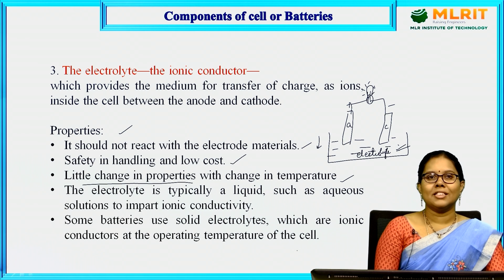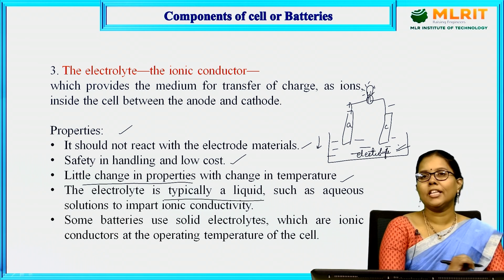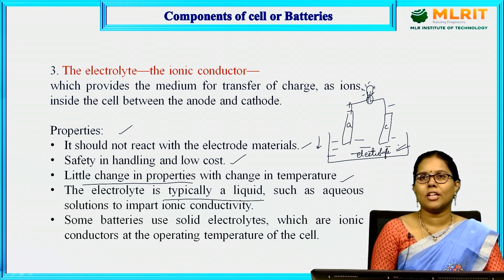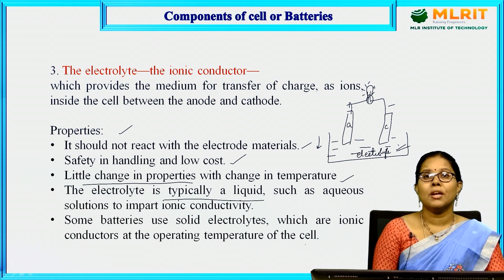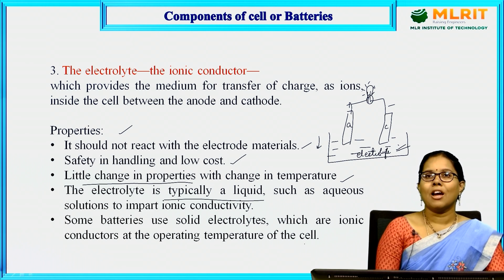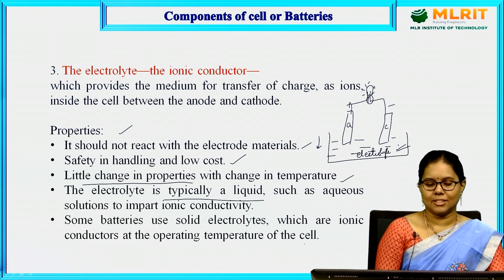The electrolyte is typically a liquid. Generally we choose an electrolyte as an aqueous solution: a salt solution, an acid solution, or an alkaline solution. Why are we choosing these aqueous solutions? Because aqueous solutions are good ionic conductors.